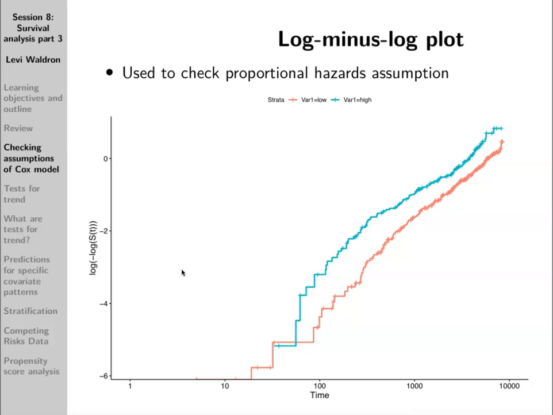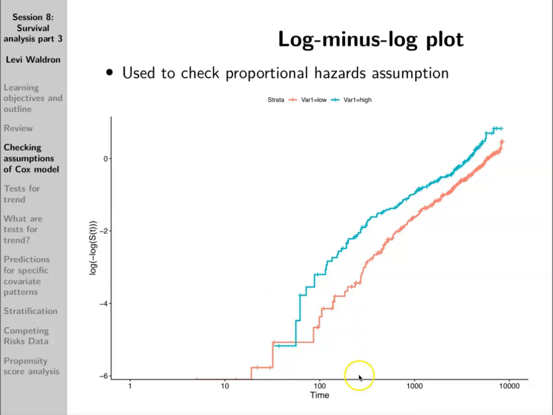And also a better plot for looking at this is this log minus log plot, and this is the log of the cumulative survival function and another logarithm of the negative of that taken. And we see more or less parallel lines here.